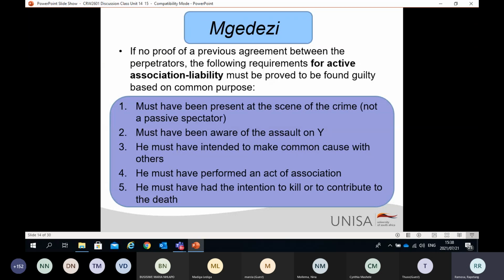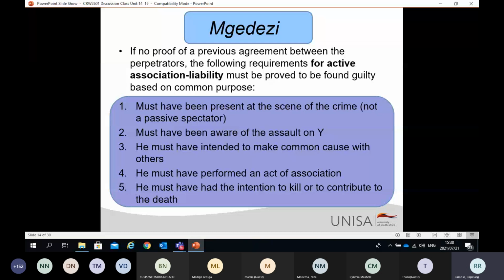And then point number 5 is the element of intention. You must establish that the person had intention to kill, either in the form of dolus directus, dolus indirectus, or dolus eventualis.